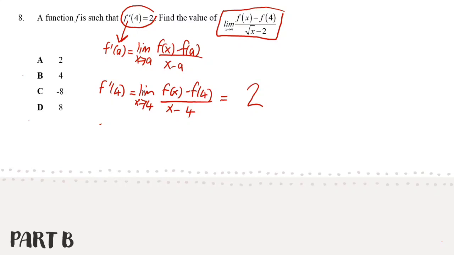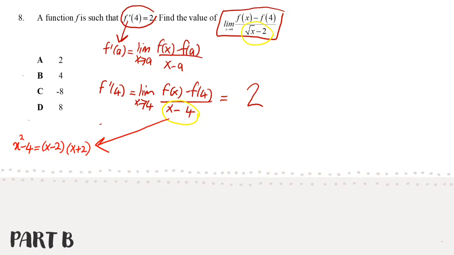So by looking at this one, square root of x minus 2, and this one is x minus 4. So how to relate these two expressions? This is actually x minus 4. You may factorize x minus 4. For example, if you have a quadratic x squared minus 4, you may factorize. It becomes x minus 2 times x plus 2.